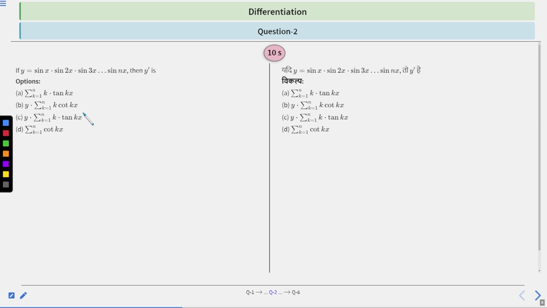By using some substitution or some addition, we will try to break this in the form of tan kx like that. Okay, so you have 10 seconds to solve this question. After 10 seconds, we will discuss the solution.